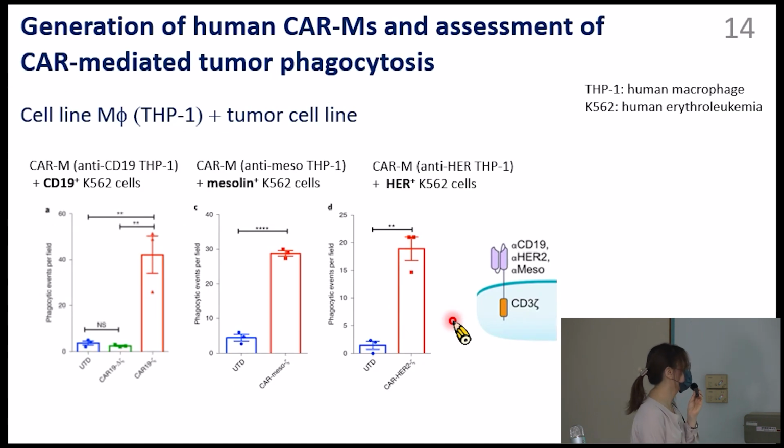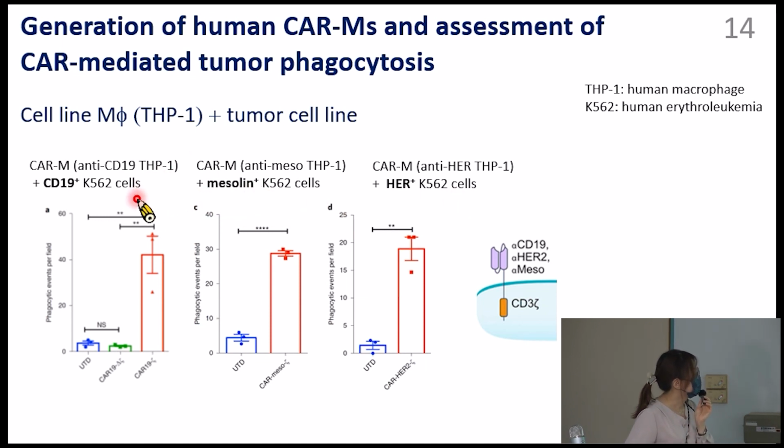Okay, so first, they tried the CAR system in the human monocyte cell line, THP1. They introduced different CARs into the THP1, so that the THP1 can recognize different kinds of markers on the tumor cell, like CD19 or mesothelin or HER2.